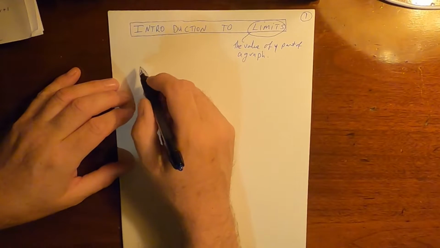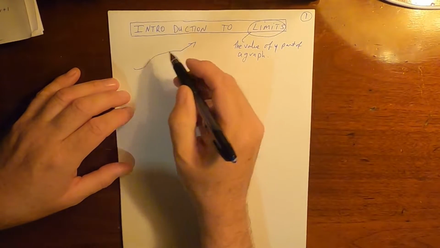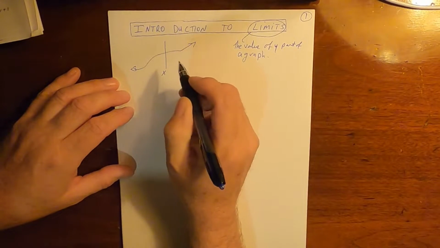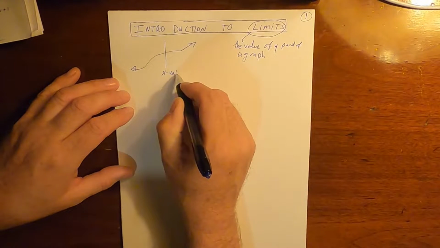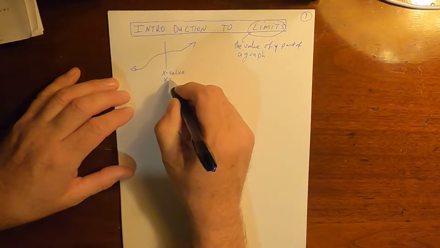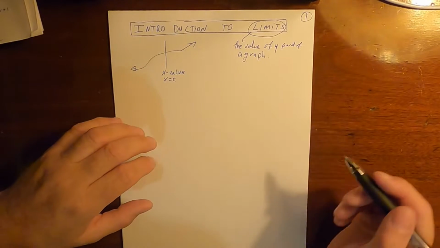Okay, so we might have some graph here. And as we're getting to some x value, and I'm going to call that value x equals some constant, c.